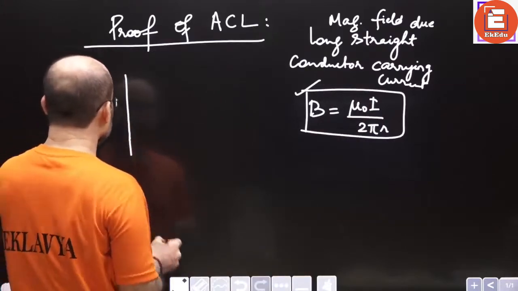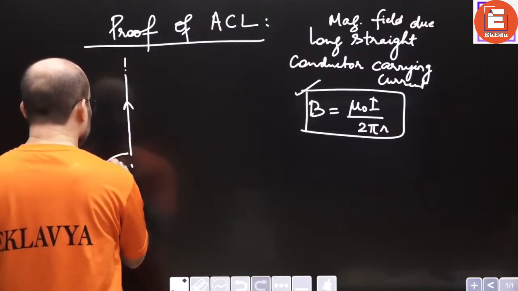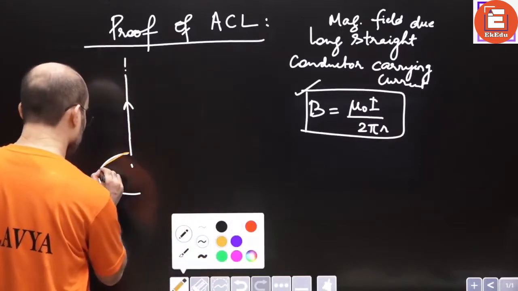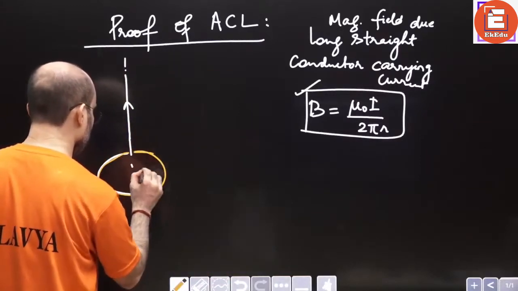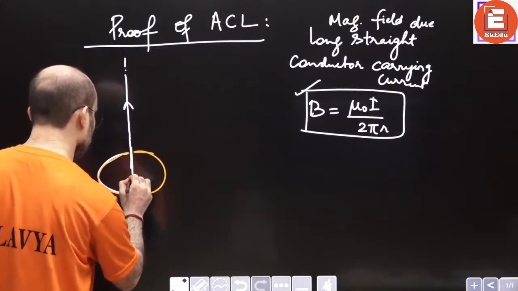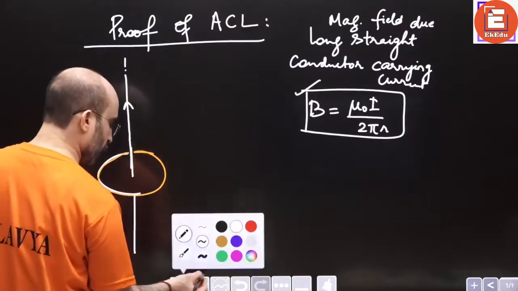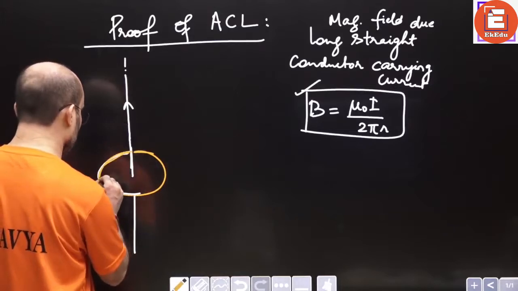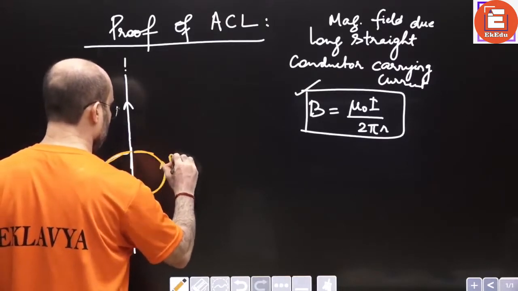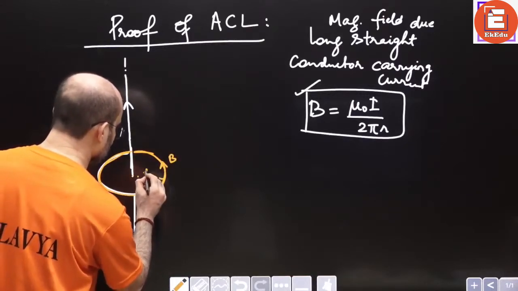We have this long straight current, and the magnetic field; this loop in brown you may consider to be the magnetic field. So what we have taken is this radius.